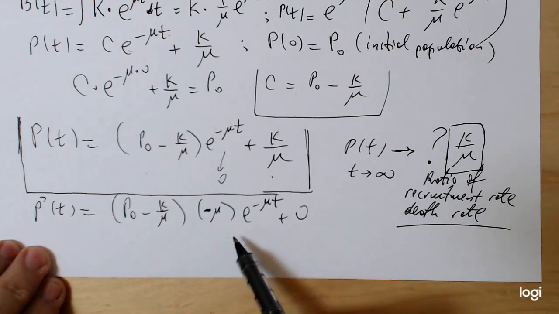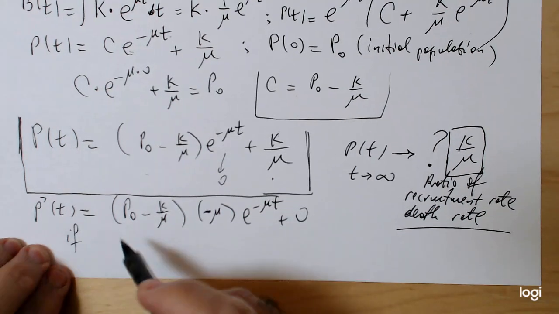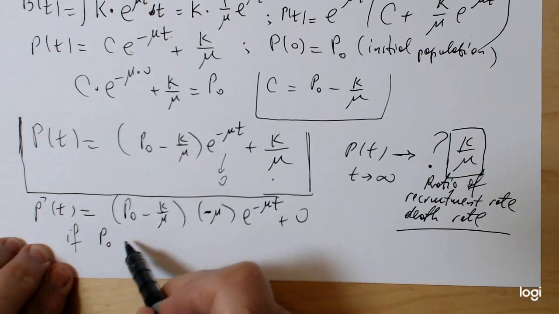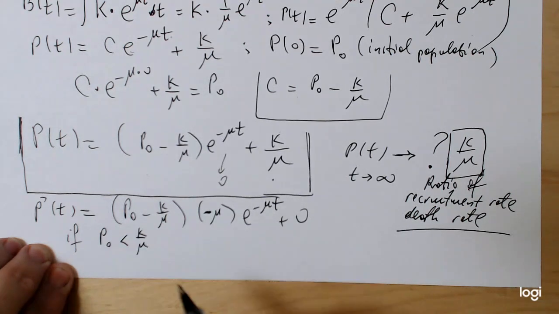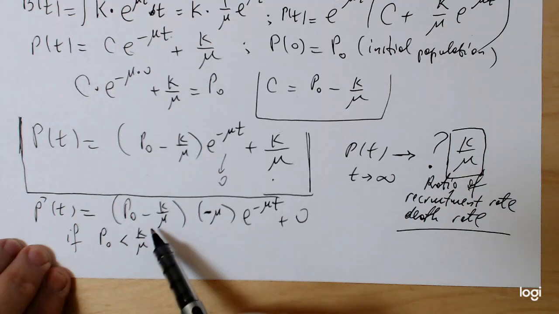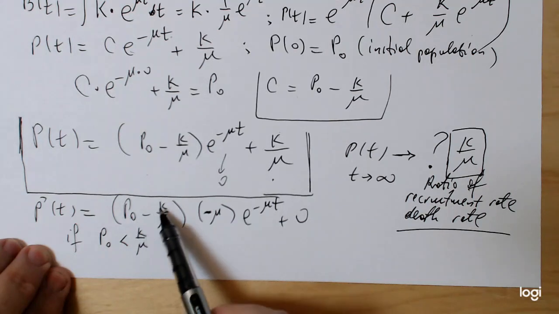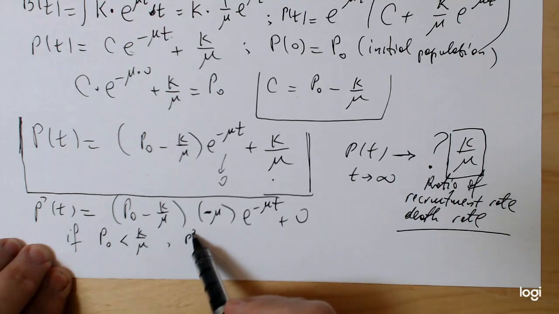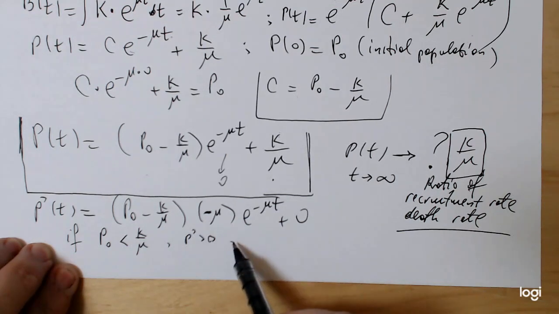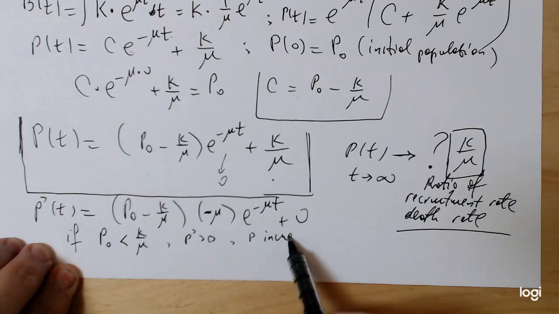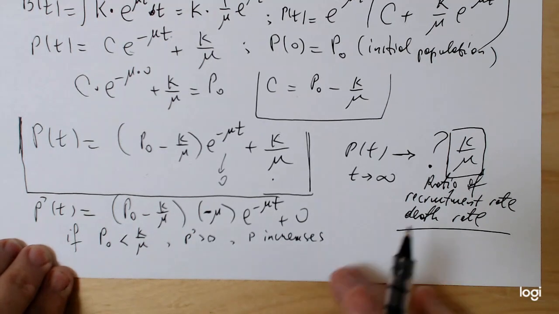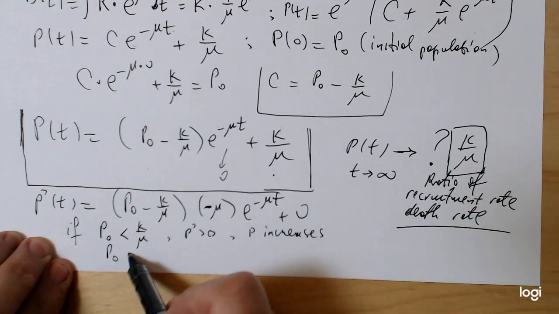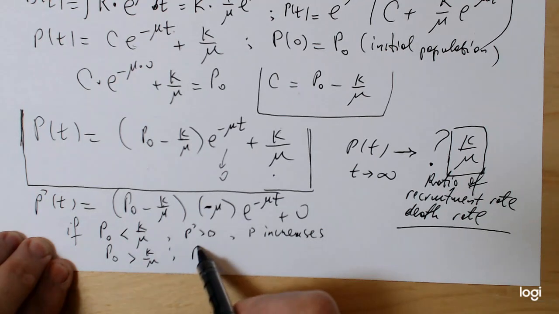So notice that if the initial population is less than K over mu, then I'm going to have this guy negative times negative. That makes it positive. So that means P prime is greater than 0, P increases. And if P naught is greater than K over mu, well, the sign will be opposite, right?